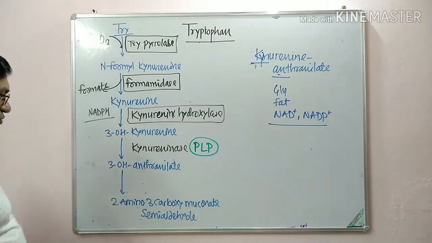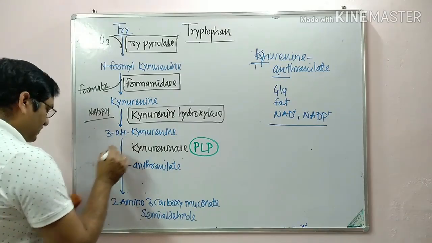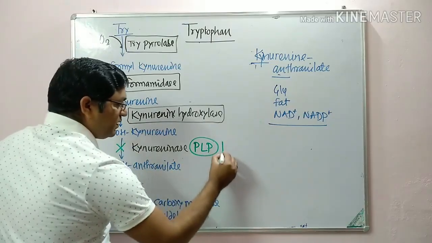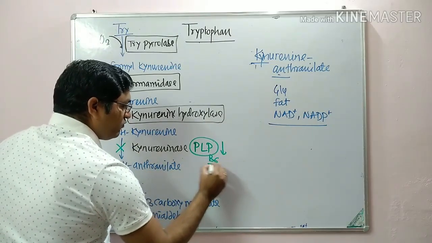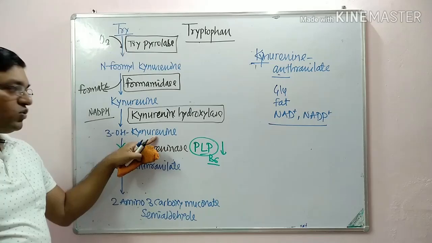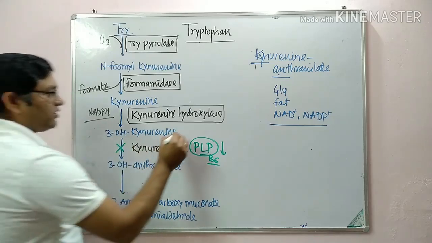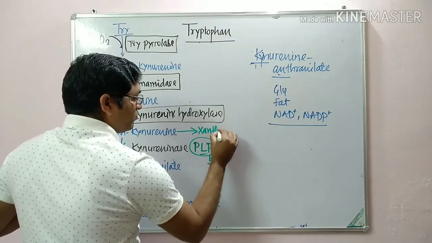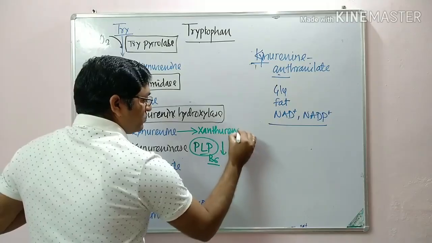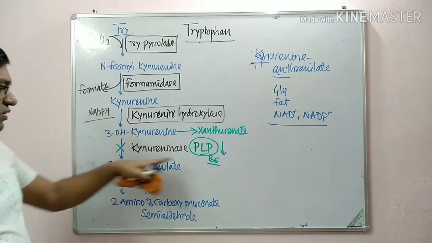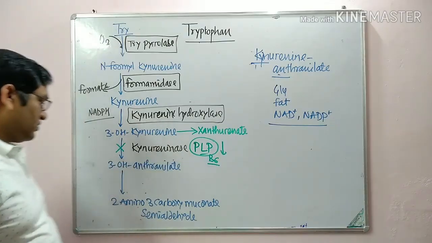If there is a blockade in this reaction, or if there is deficiency of vitamin B6, the active form of which is pyridoxal phosphate, this 3-hydroxykynurenine is diverted for xanthurenate excretion in urine. Xanthurenate is excreted in urine in the deficiency of vitamin B6.